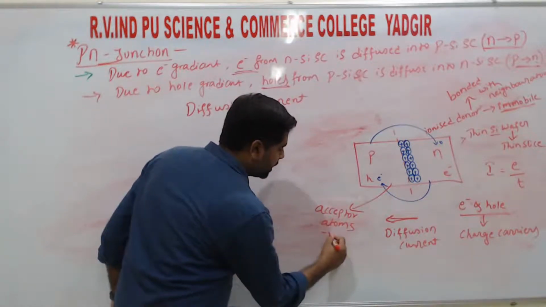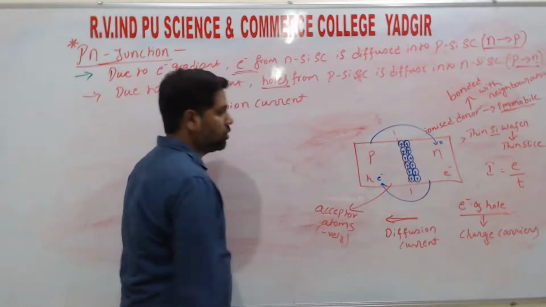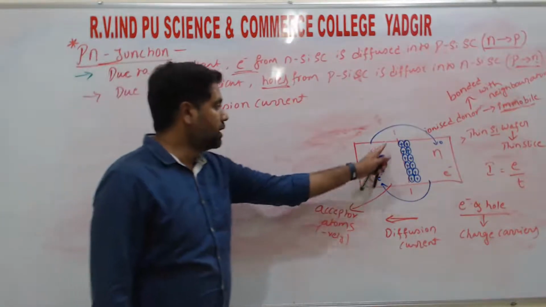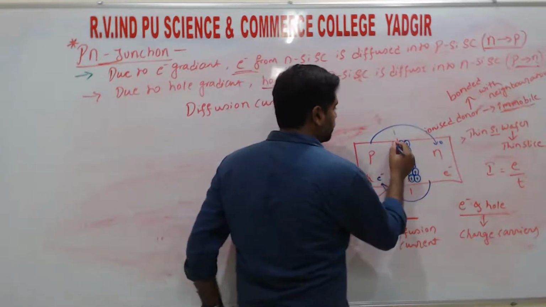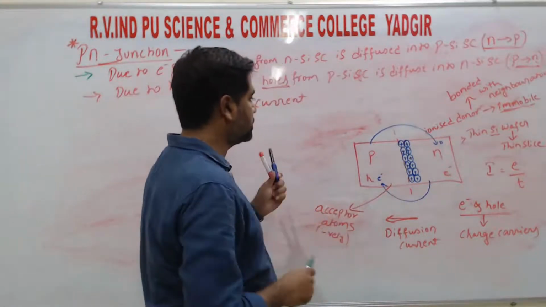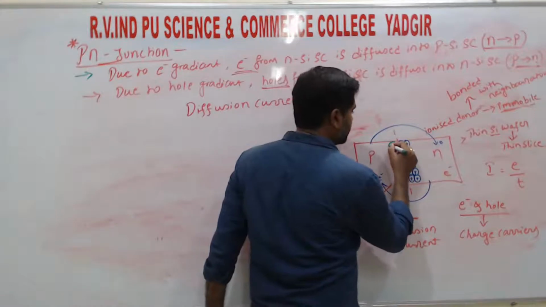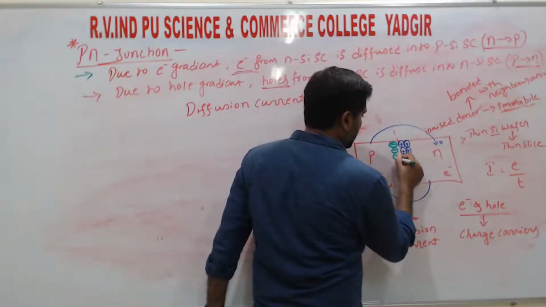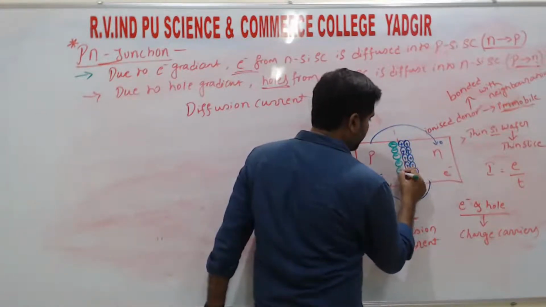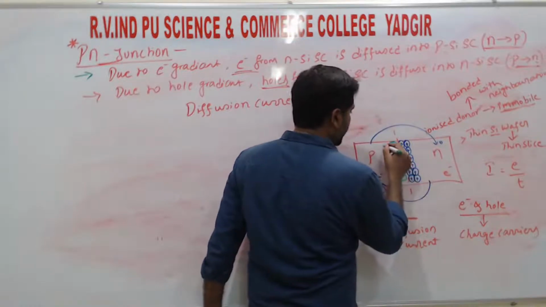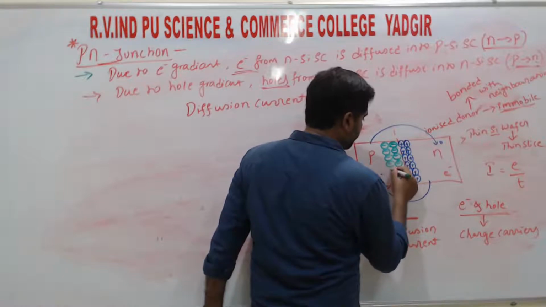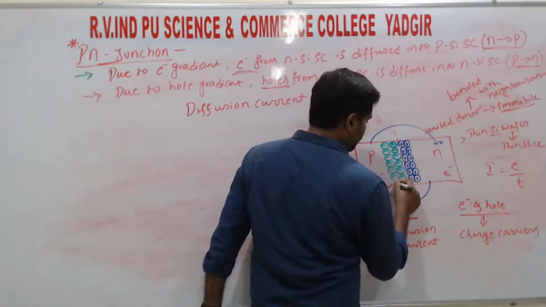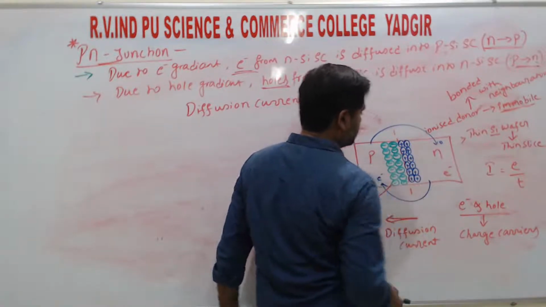Leaving a negatively charged region, and they also form layers, right? Here they form the layers of negative charge. As many holes are diffused, that many negatively charged layers are formed like this, right?